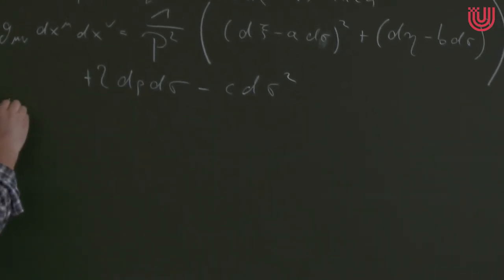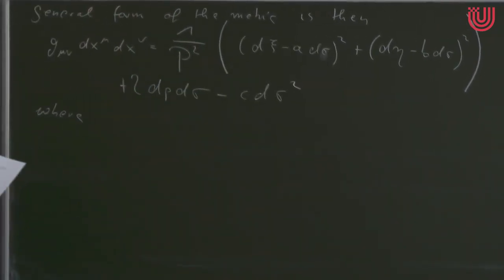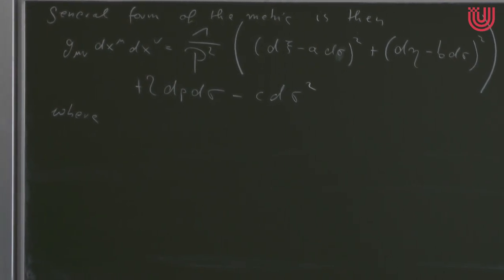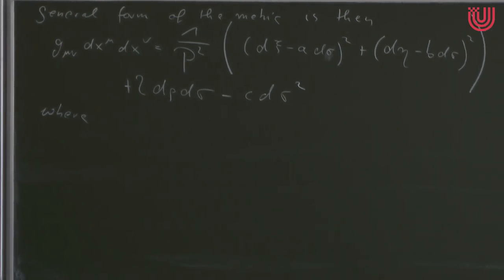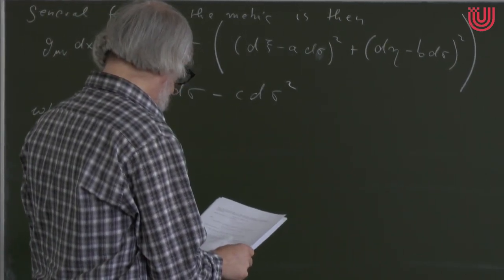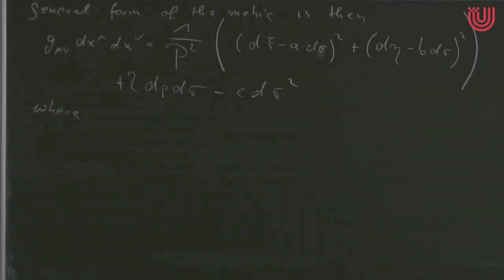So I have 4 functions, the p, the a, the b, and the c. And these functions depend on everything with the exception of, let me see. They definitely depend on psi and eta.